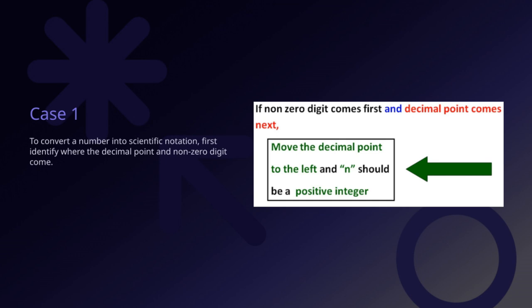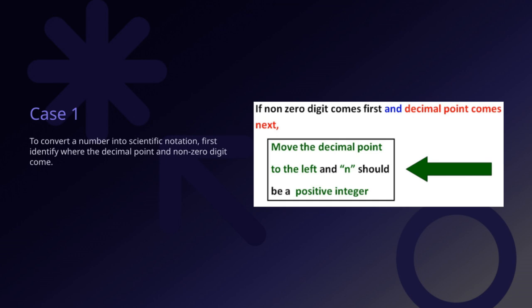0.0045, we need to find the first non-zero digit, which is 4, and see where it is relative to the decimal point. The goal is to move the decimal point so that only one non-zero digit remains to the left of it. In this case, we move the decimal 3 places to the right to get 4.5. But remember, each movement of the decimal point in this process is reflected in the exponent of 10.